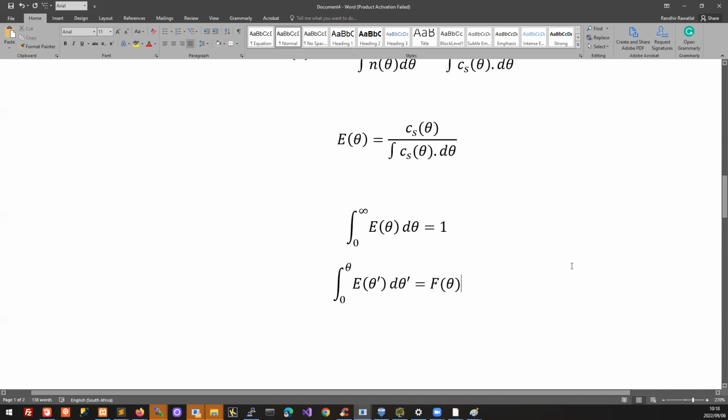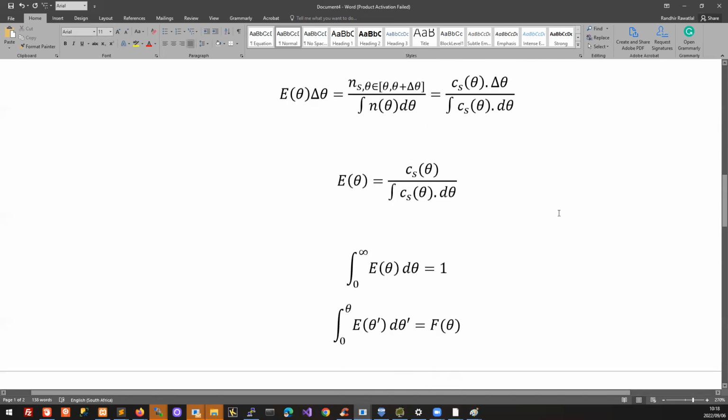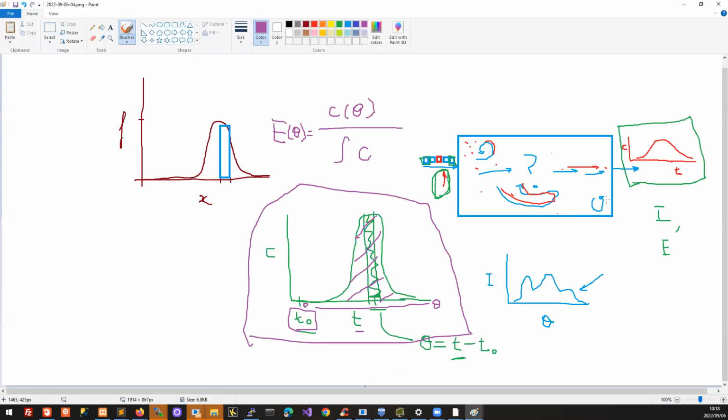So we can then consider that if we are looking at the exit from the reactor, some real reactor, we don't know what the mixing pattern is here. So we are feeding and we are observing at the exit. We are going to pulse in a bit of tracer here. And again, we get our trace here.